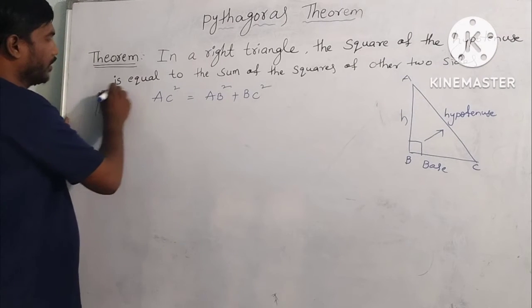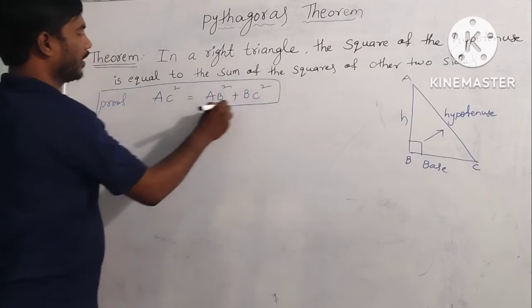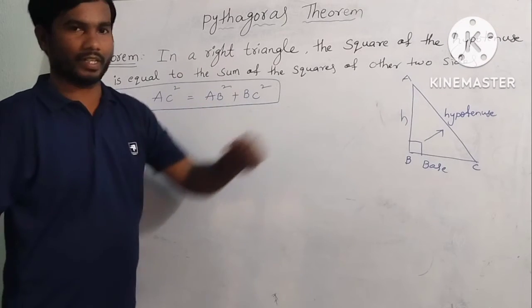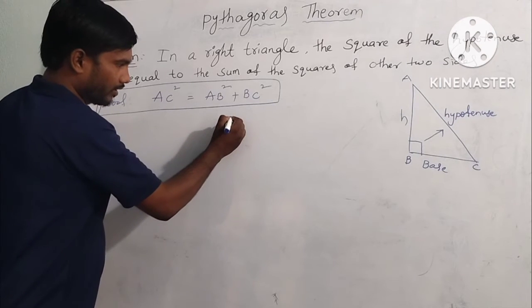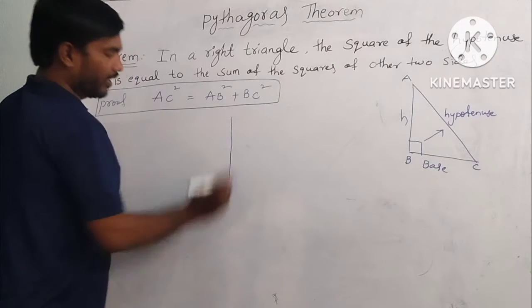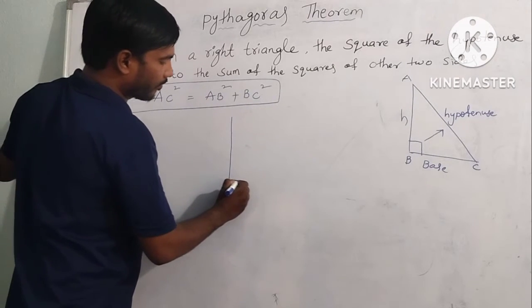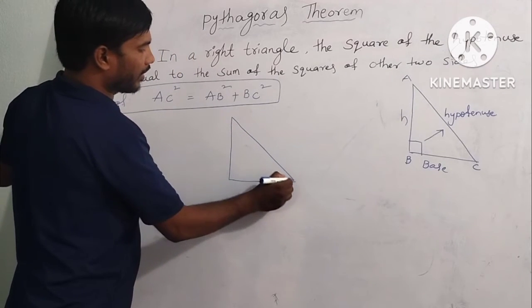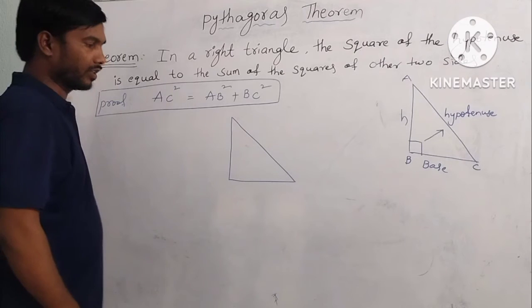To prove this, before that we need to discuss some more theorems regarding triangles, right angle triangles especially. We know similar triangles and CPCT, congruent parts of corresponding triangles, rules also.